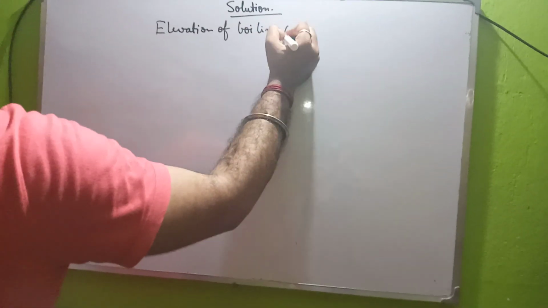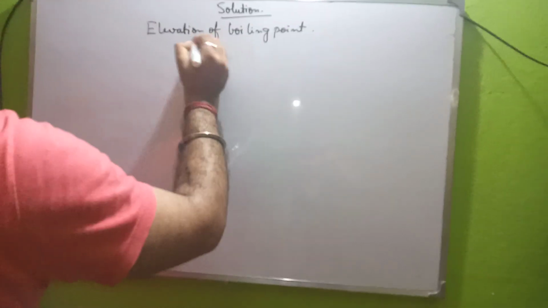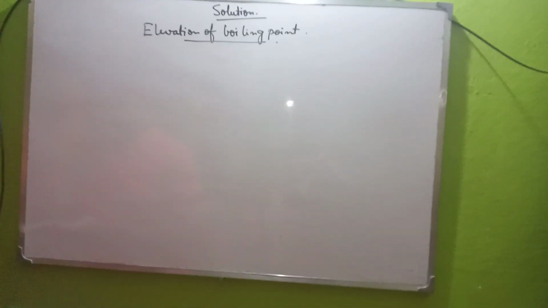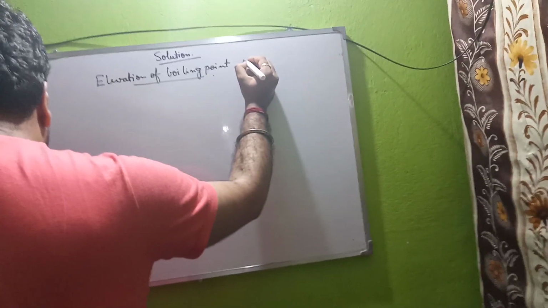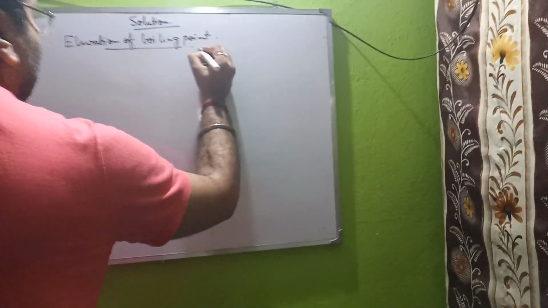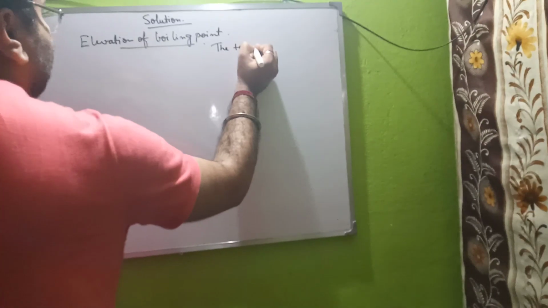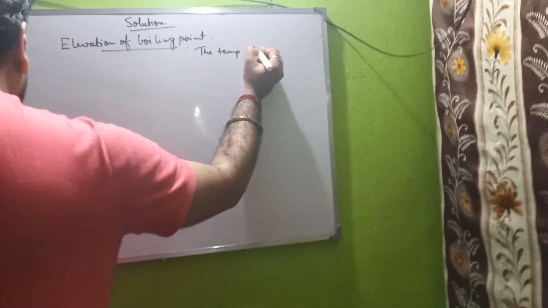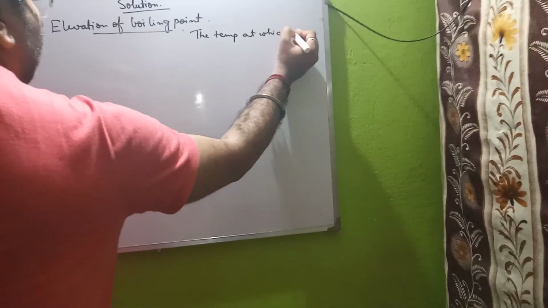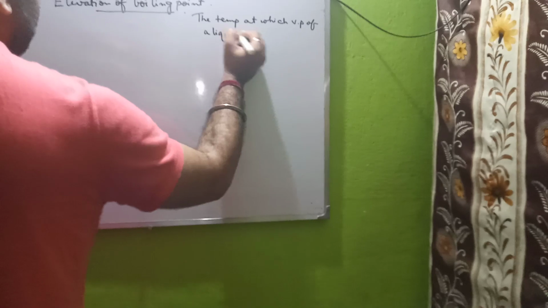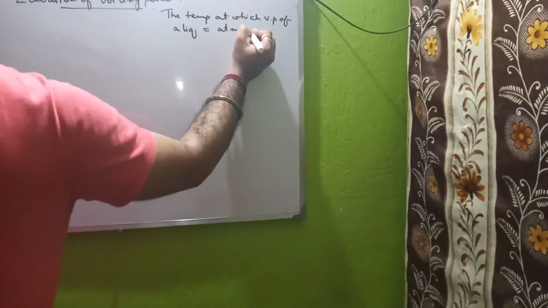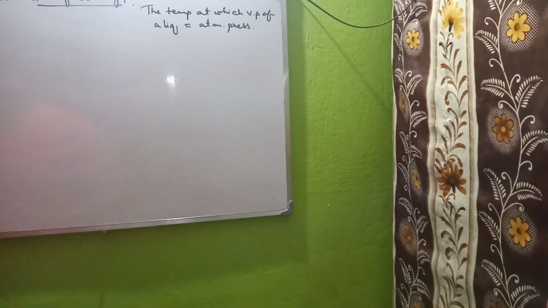We have studied since childhood that when a liquid starts to change into vapor at a particular temperature, we call it the boiling point. But we can also say it is the temperature at which the vapor pressure of a liquid is equal to the atmospheric pressure. That is what we call boiling.